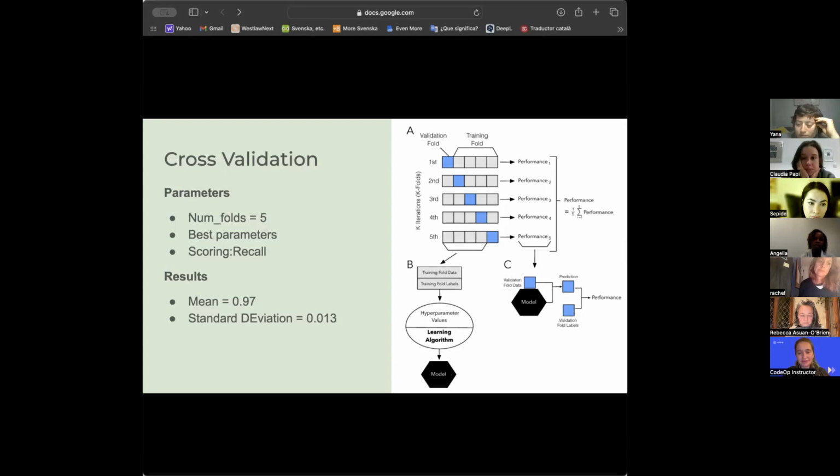Once that was done, we obtained a recall value of 0.97 and a standard deviation of 0.013. So in essence, it would mean that our model generalizes well to new data. Next slide, please.